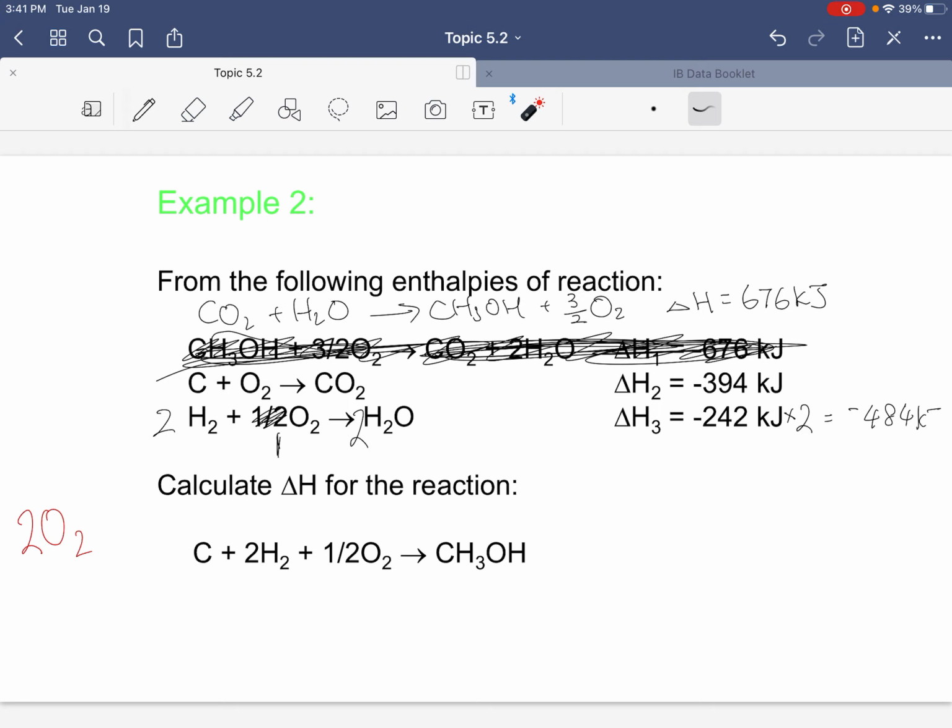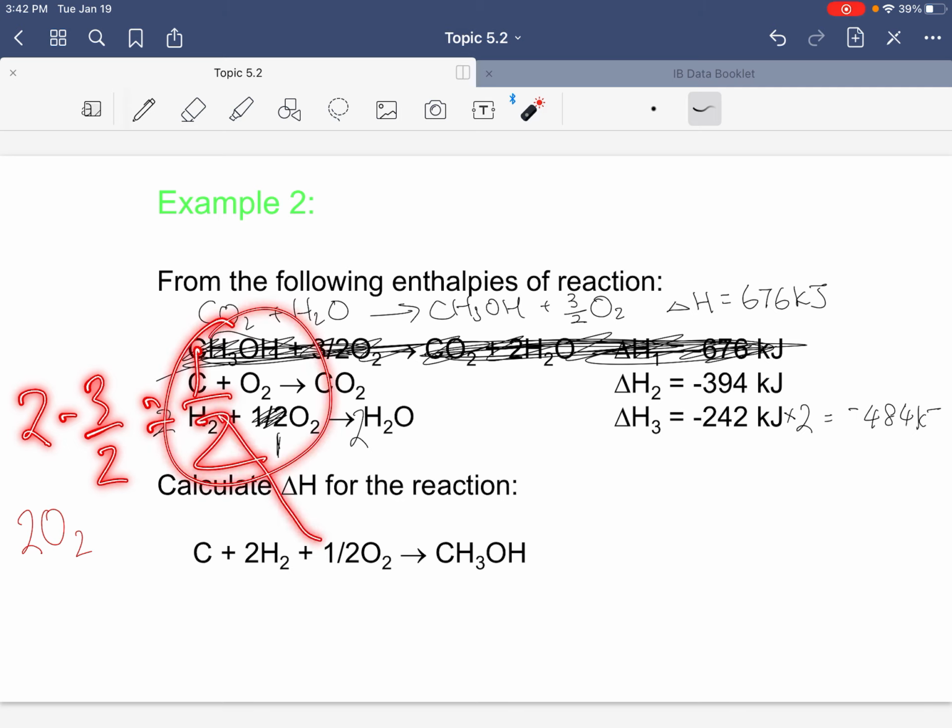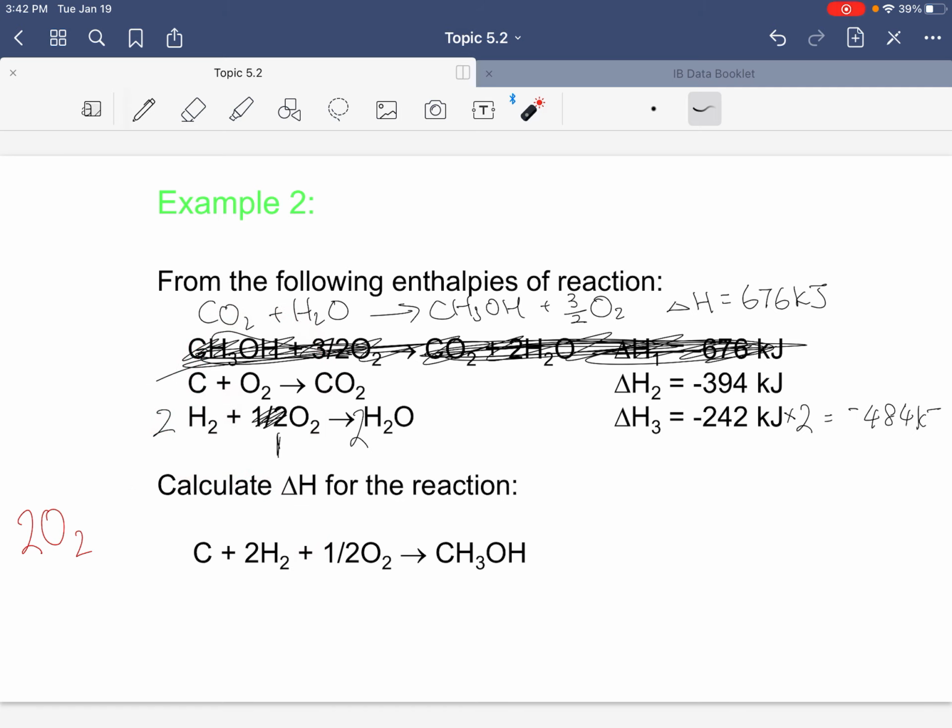Remember crossing out things that are identical? Isn't 2 minus 3 halves equals a half? See? So what you have to cross out here is that 3O2 will be gone. I guess one of these will be gone, and this will end up with a half.